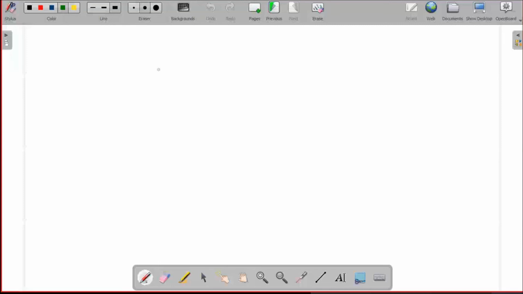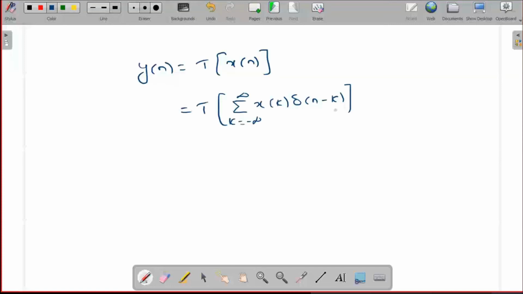So here I am writing summation k from minus infinity to plus infinity x of k delta of n minus k. Since it is an LTI system, the operation is performed only on the time variable. So I am rewriting this as summation k from minus infinity to plus infinity x of k T of delta of n minus k.